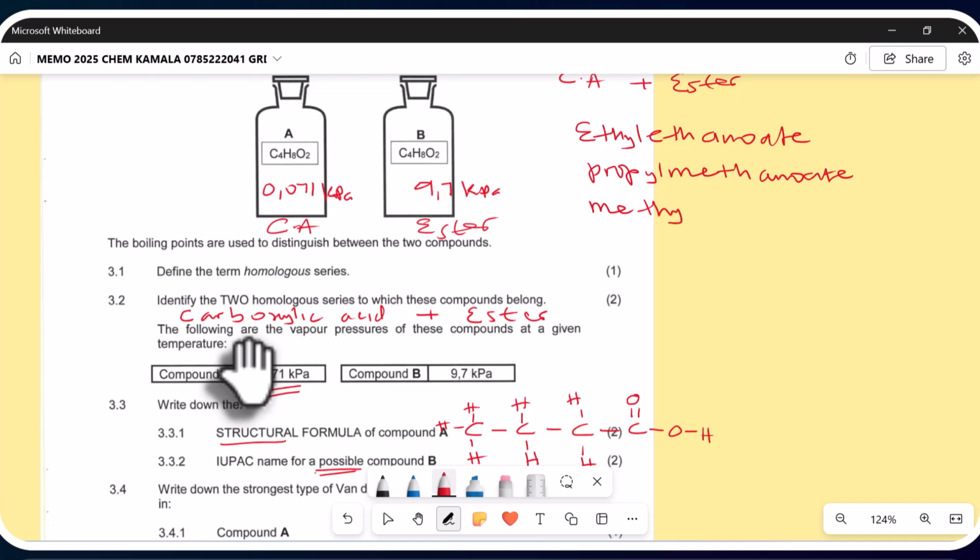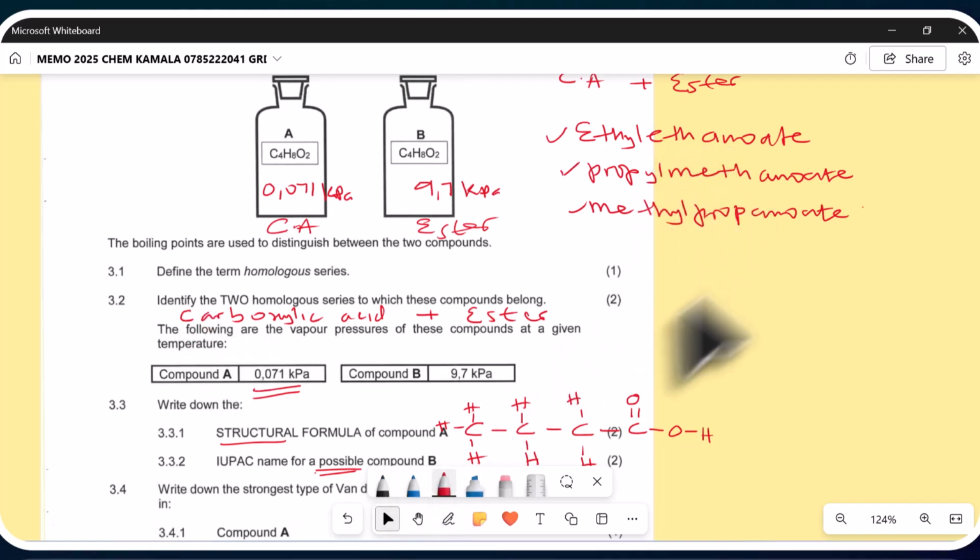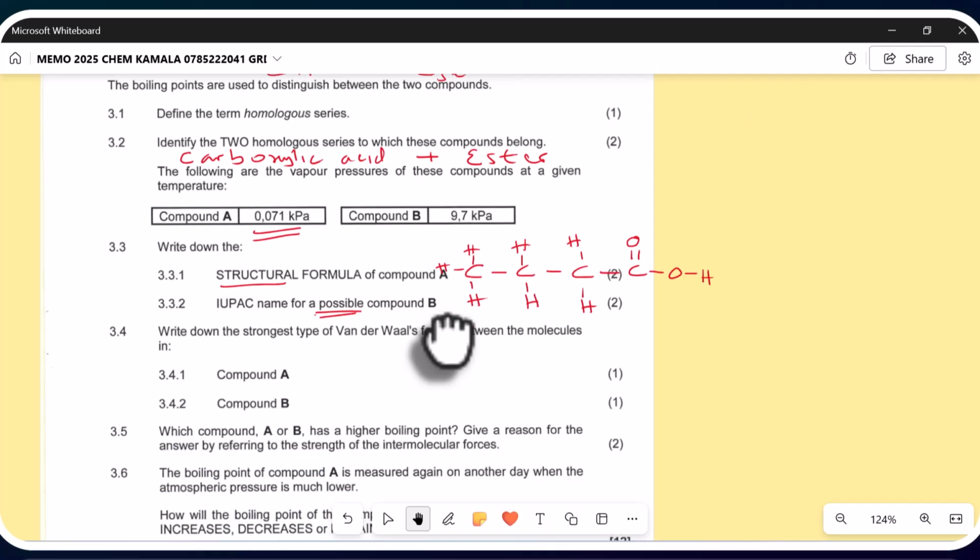Compound A has hydrogen bonds between its molecules, unlike compound B, which has dipole forces between the molecules, and so more energy is required to overcome the forces in compound A than compound B, and hence a higher boiling point.